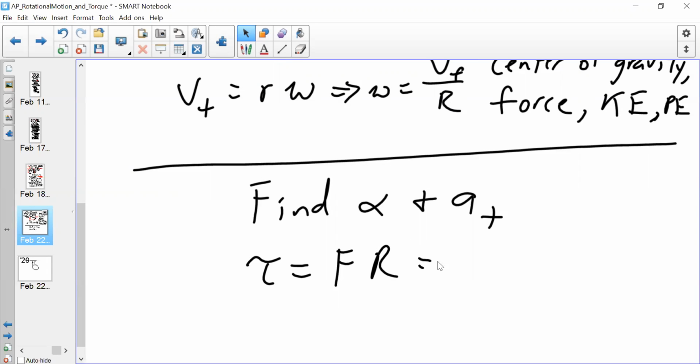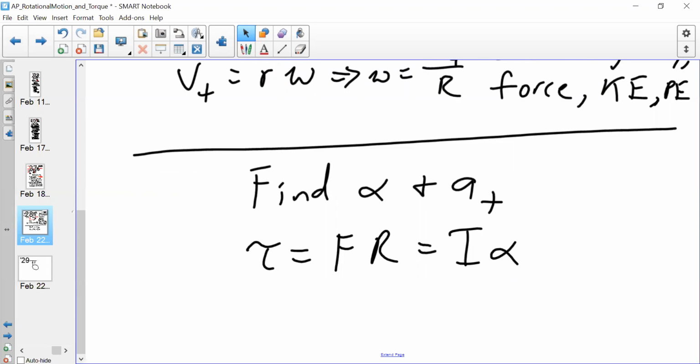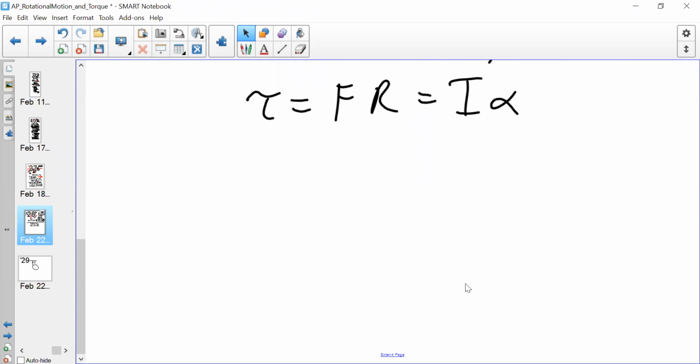And we also know that since there's going to be a motion about the pivot, it's not going to be static, so it's going to be also equal to moment of inertia times alpha. So what we want to do here is easily we can solve for alpha, and then from there we can solve for A, because A is equal to R alpha.